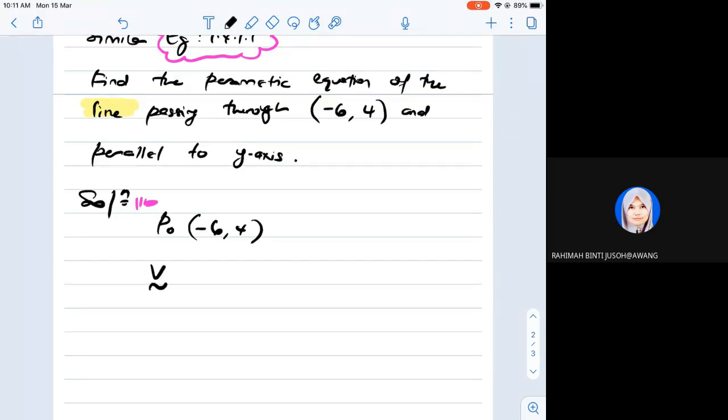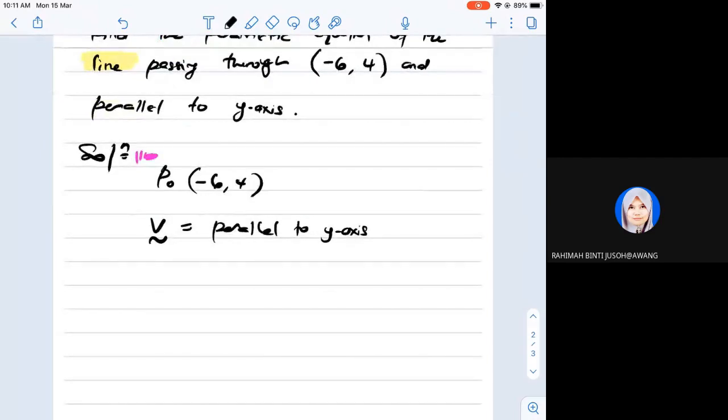So in our case, it says the parallel vector V is just parallel to the y-axis. Okay, we have a lot of vectors that are parallel to the y-axis. For example, we can have V equals (0, 1). Why (0, 1)?